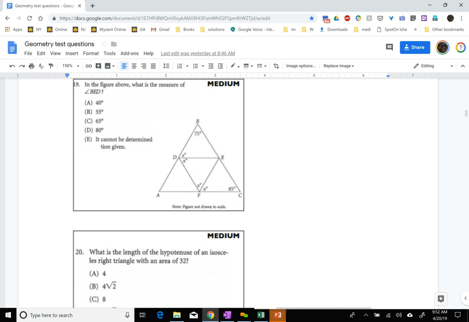So, okay. This is an isosceles. I got that the angle DAF is 160.